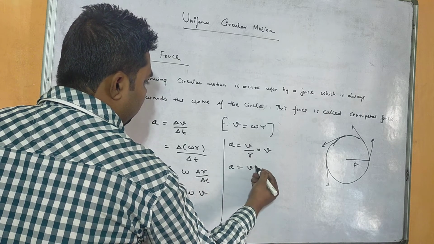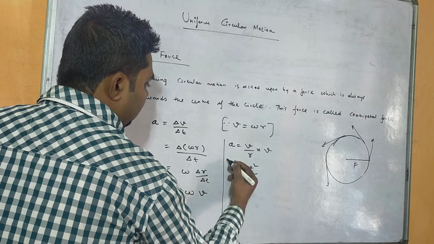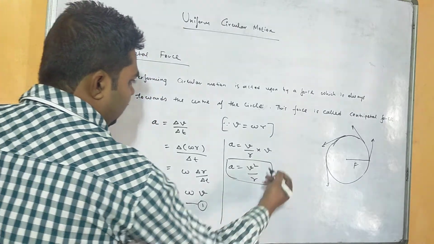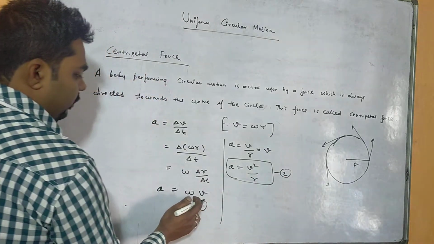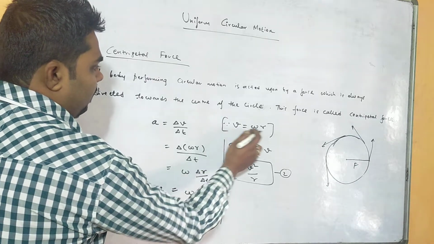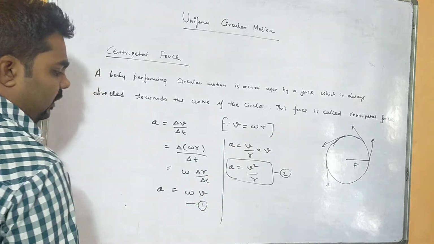That means acceleration equals v square by r. So this is equation number 1. This is equation number 2. In equation 1, in place of omega, I have substituted v by r. Right? So we got this equation.